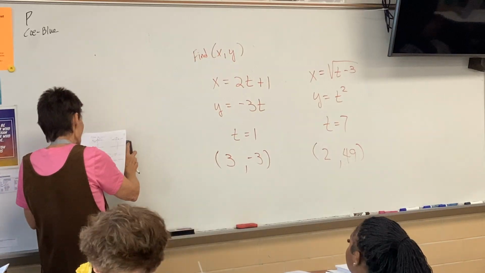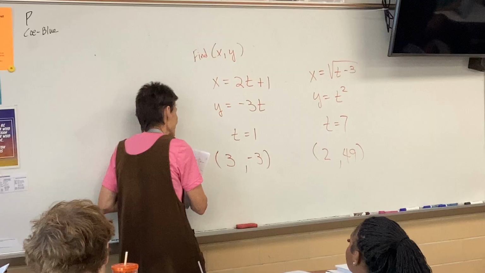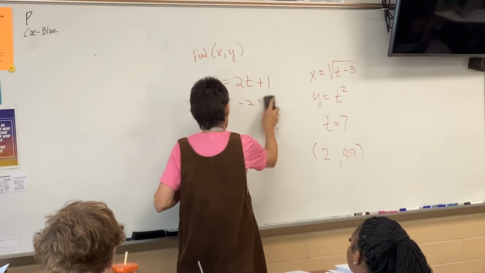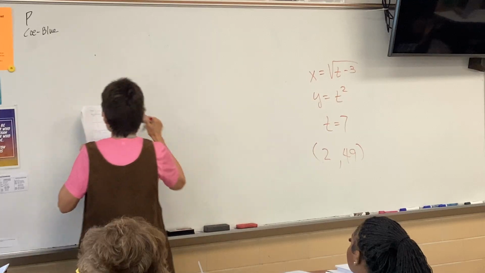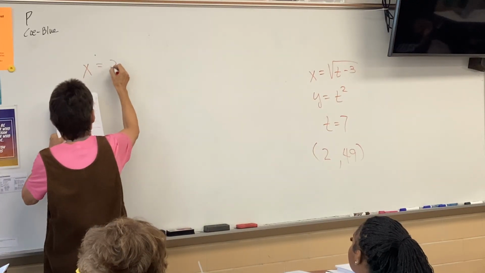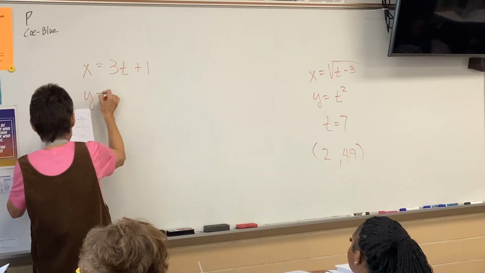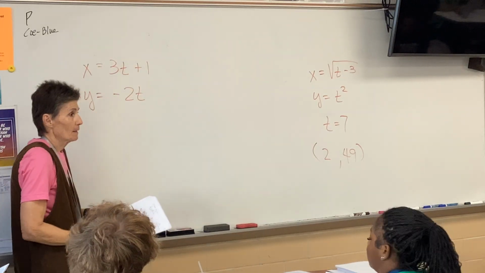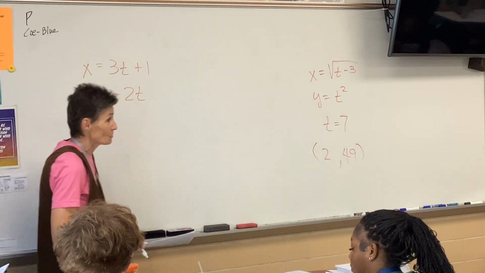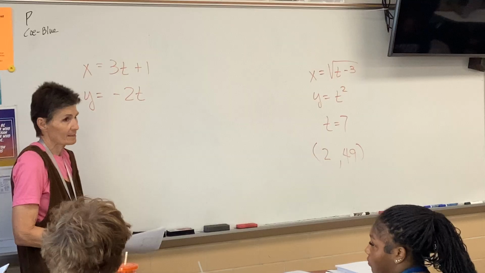Find a direct algebraic relationship between x and y. Now, does this problem have an x and a y in it? Yeah. Unfortunately, it also has a t. They're parametric equations, so it has a t.